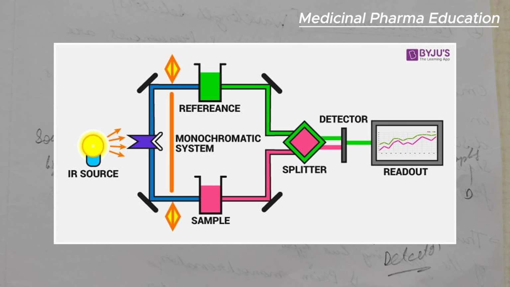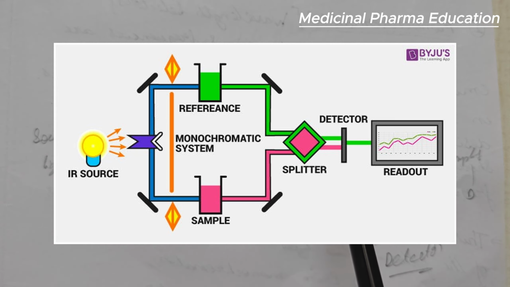You can see the light source here. The light source can be anything, but I recommend using tungsten. The light passes through the monochromator, where white light is dispersed into VIBGYOR based upon the ranges, and the polychromatic light is converted to monochromatic light.